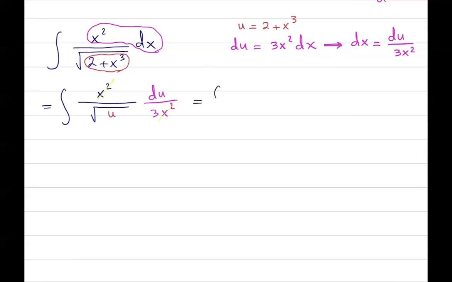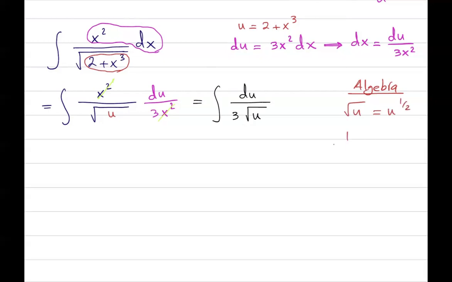So this can be written as the integral of du divided by 3 times square root of u, which is familiar to us. Why is that? First of all, from algebra, remember that the square root of u is u to power a half.